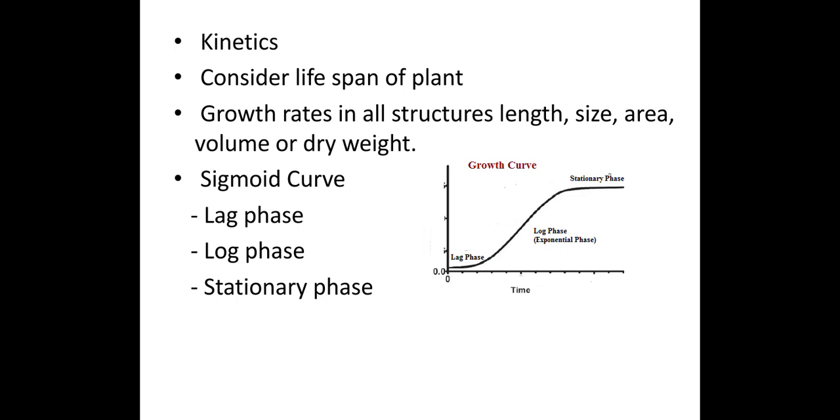In all these cases of a single cell, a single organ or a herbaceous plant, if we plot a graph, we get an S-shaped sigmoid curve. Such a curve is characteristic of the growth of a particular plant.